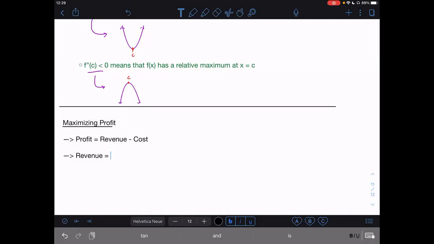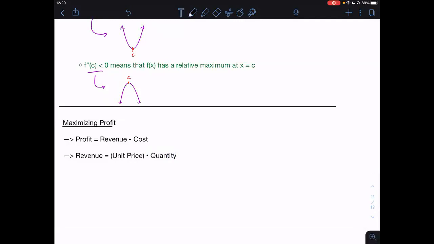In other words, revenue can be defined as the unit price, the price per unit, also known as the selling price, multiplied by the quantity of items, the amount of items that we're selling. So again, the unit price is the same thing as the selling price.